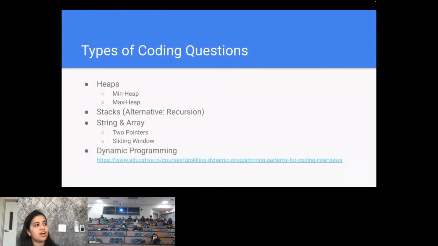But I would suggest going through the Grokking Dynamic Programming course, because in my experience, there are certain dynamic programming problems whose solution you need to know beforehand. It's very difficult to come up with the solution at that point. So some basic problems, like coin change, are worth knowing beforehand.